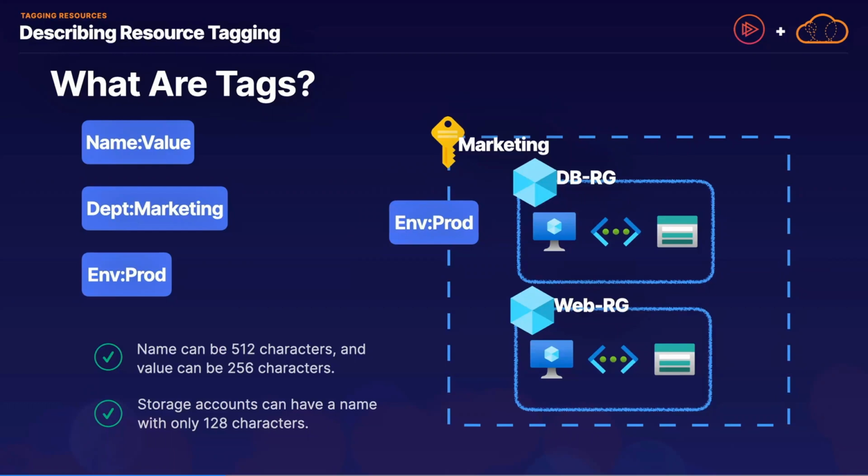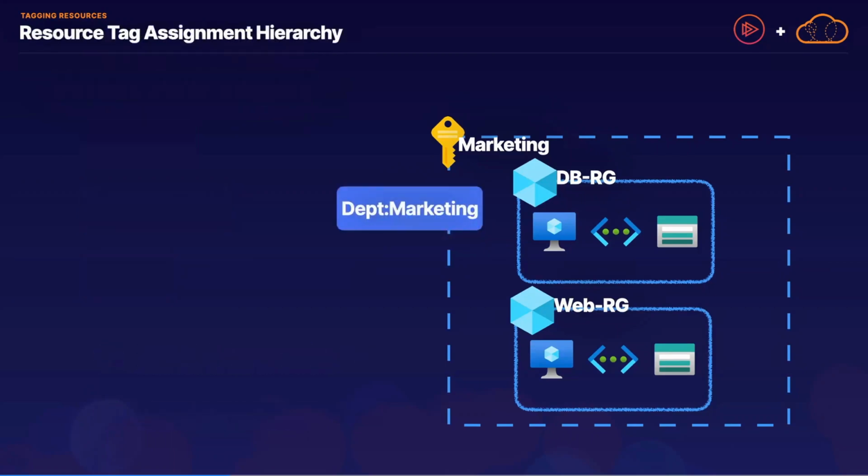Now that we've taken a look at this, let's look at the resource tag assignment hierarchy to help us understand a few things. Firstly, I want to say that tags are not inherited from the assignment scope. So, for example, this department marketing tag that we have here on the marketing subscription is not going to be inherited by all of the underlying resource groups and resources that they contain.